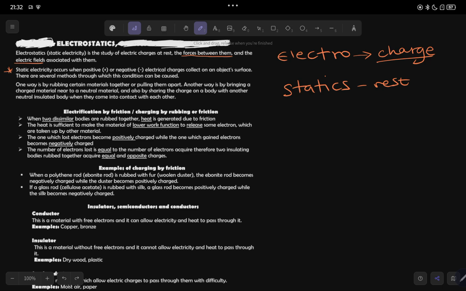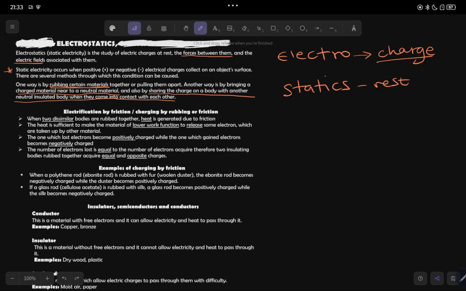One of them is by rubbing certain materials against one another. Another way is by bringing a charged material near a neutral material. Then the other way is by sharing the charge on one body with another neutral body by bringing them into contact.